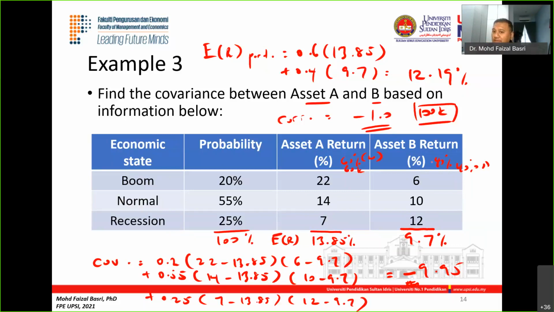For stock B, my expected return is 9.7, obviously lower, but I might have a slightly lower risk. But how do I manage my funds to get as high a return as possible with minimum risk?